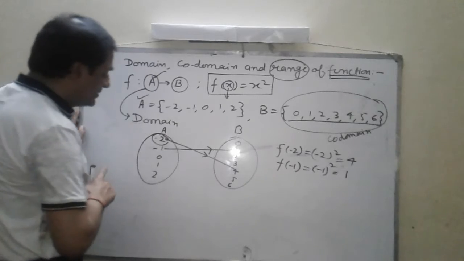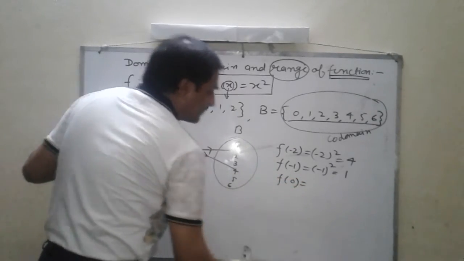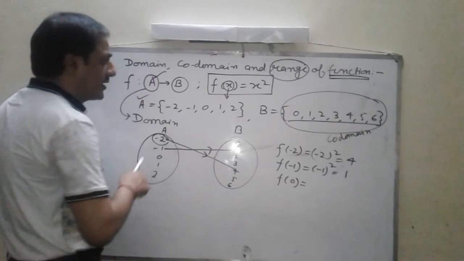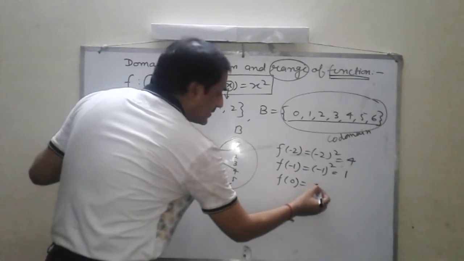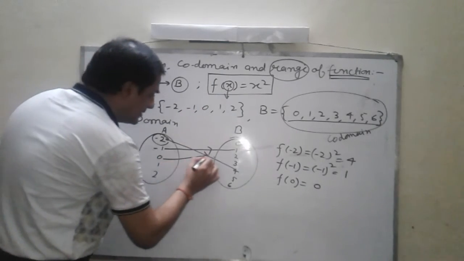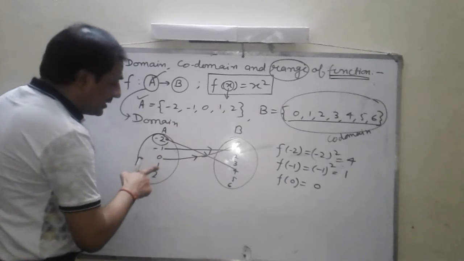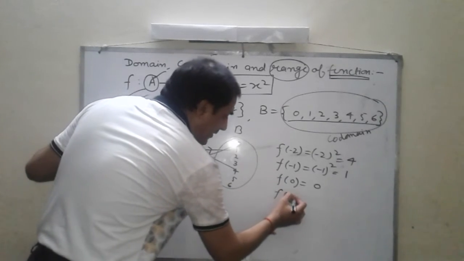Now the next element 0. What will be the value of f of 0? F of 0 is equal to 0 because square of 0 is equal to 0. So 0 is associated with 0. Next, what will be the value of f of 1?